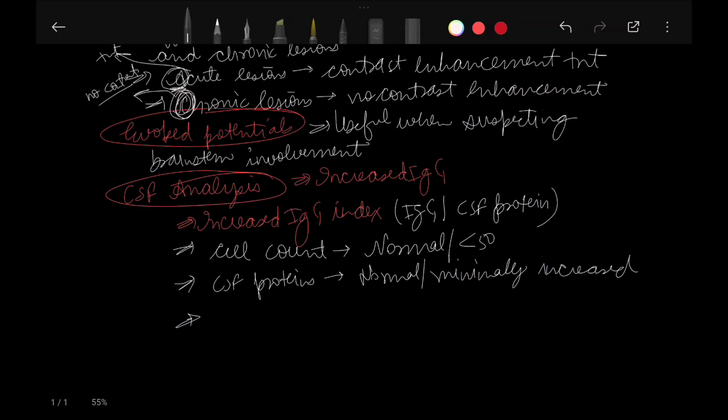After that, we have the AC dissociation, which is also seen in Guillain-Barré syndrome. Now, what is AC dissociation? It is albuminocytologic dissociation.